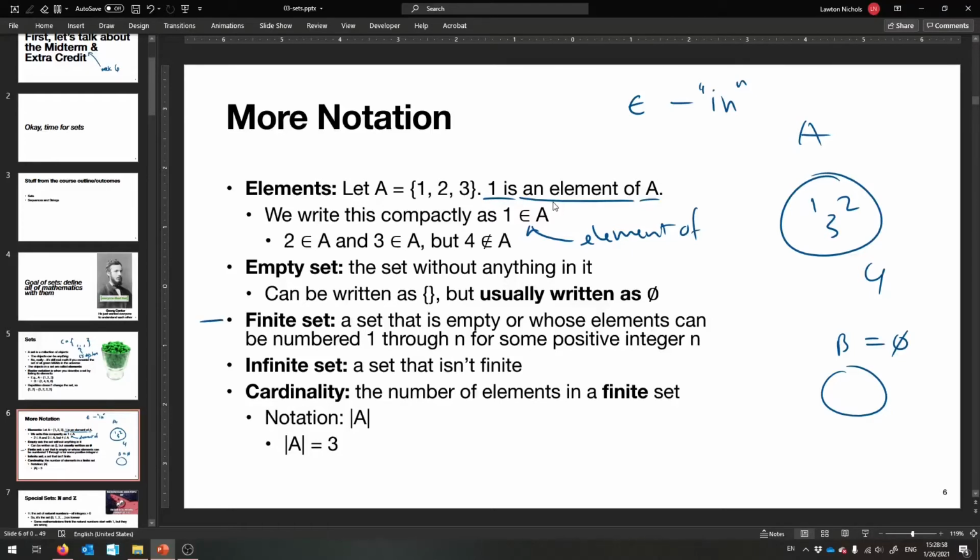Likewise, you can have sets with stuff in them, and there's two kinds. There's a finite set and an infinite set. So a finite set is just one that you can list its elements, 1 through n. Like you can pick an n, like there are n elements in this set. And you can eventually count them if you had enough time. Infinite sets, of course, you can never count.